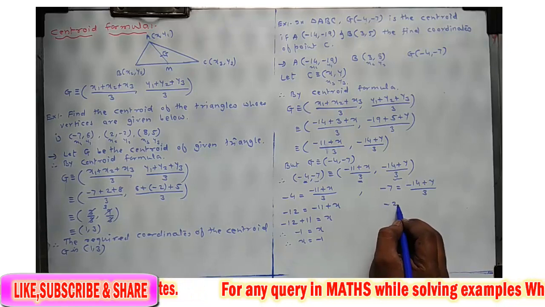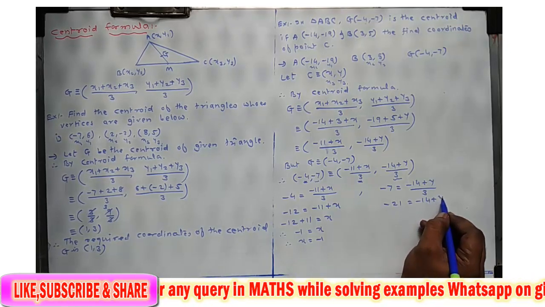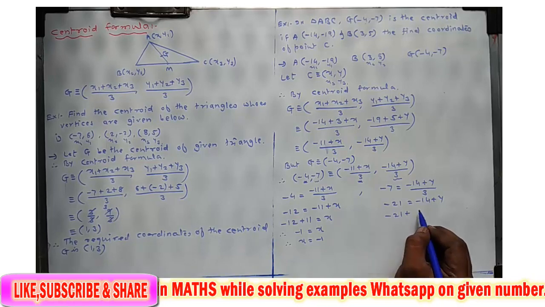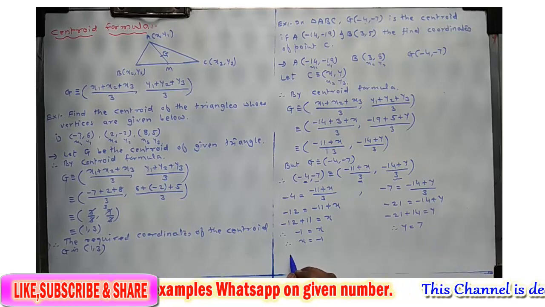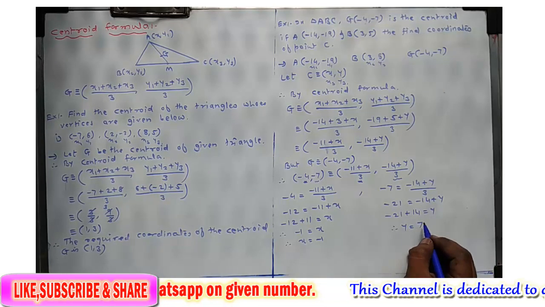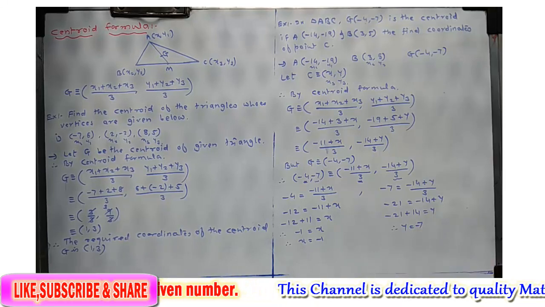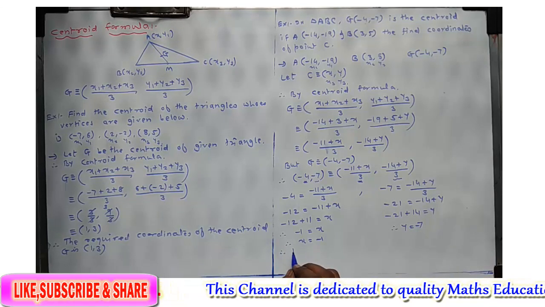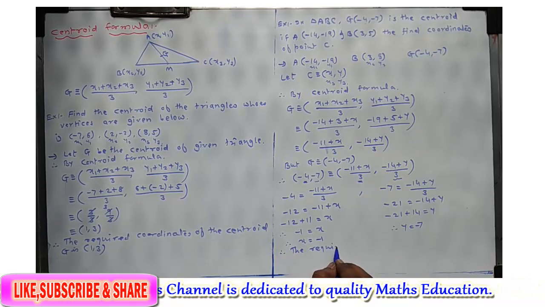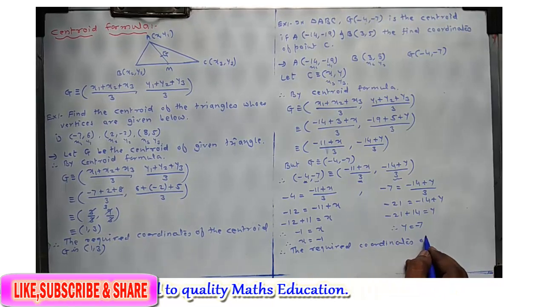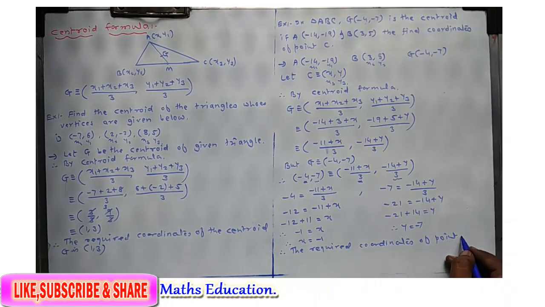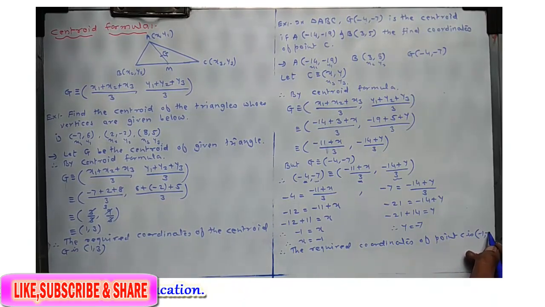And here it will be minus 21 is equal to minus 14 plus y, and minus 21 plus 14 is equal to y, and therefore y is equal to minus 7. And therefore the required coordinates of point C are (-1, -7).